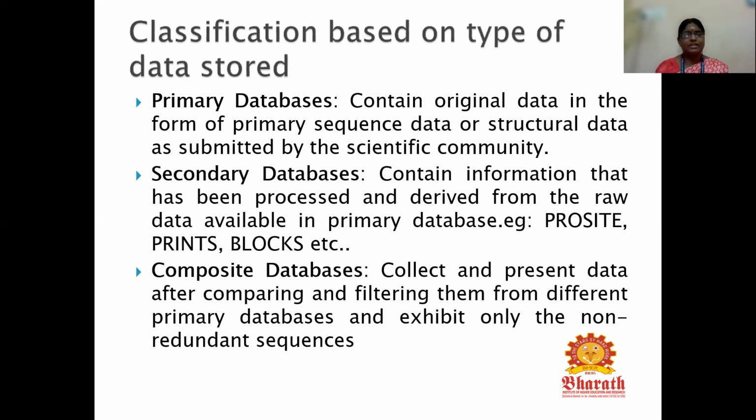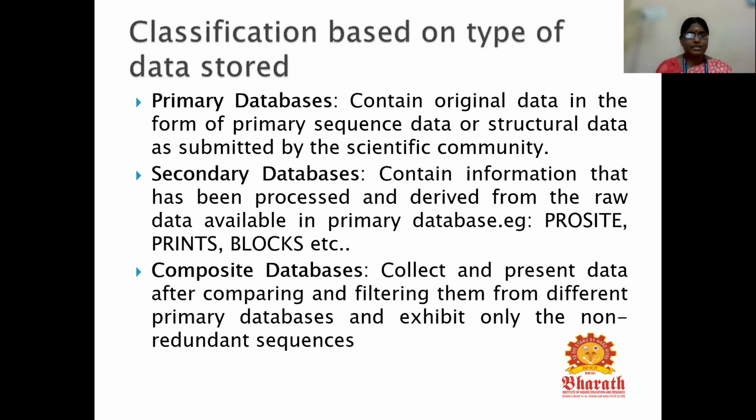In the primary database, there will be no processed data, but in the secondary database, we will have more processed data compared to the primary databases. With the help of databases like ProCite, Protein Information Resource, Prince, and Blocks, we can classify the types of data stored in the primary and secondary databases.